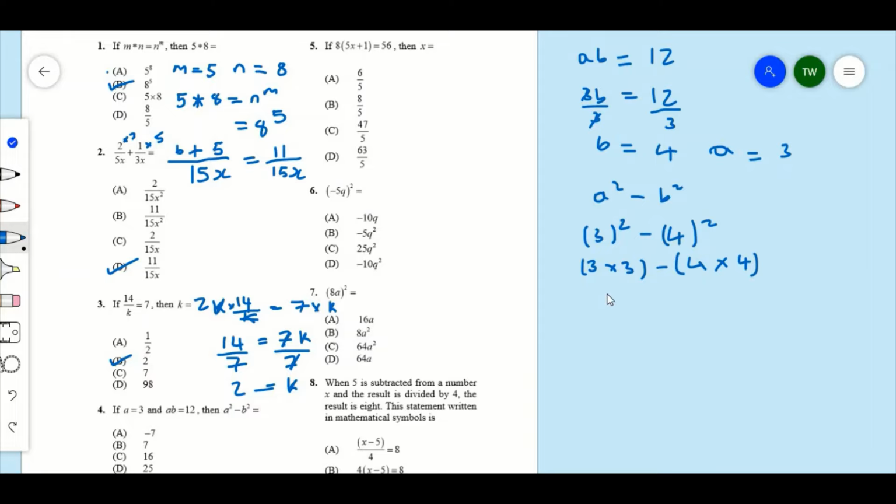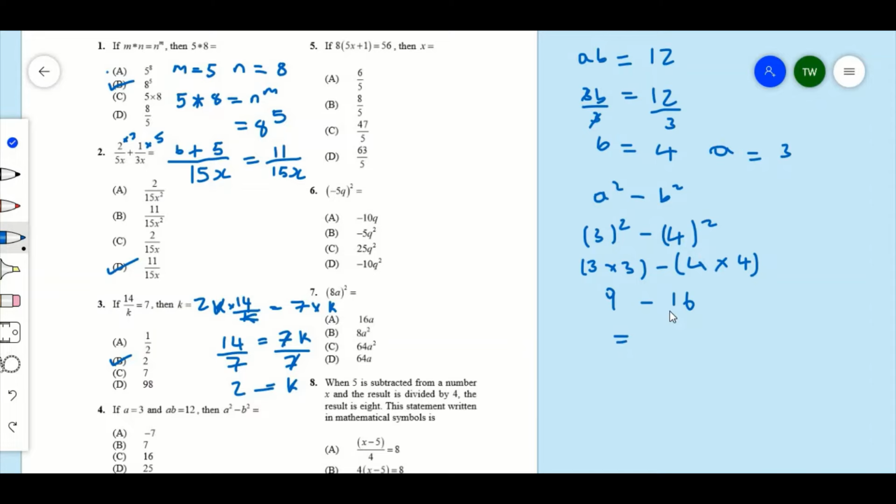And 3 times 3, that's going to be 9, minus 4 times 4, that's going to be 16. And 9 minus 16, remember that you have a positive 9 here and a negative 16. So the rule says you should subtract and keep the sign of the larger number.